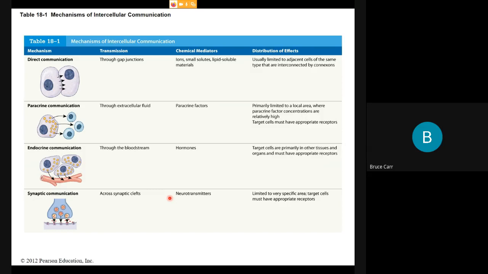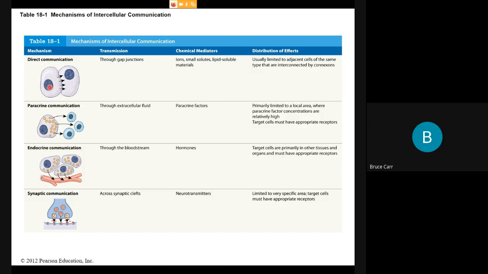It's electrochemical. The speed comes from the electrical signal moving through these very long cells. So that's very quick. But there's that gap, the synapse, and it's the neurotransmitter that basically allows the passage of that electrical impulse from this cell down to this one. So we've already covered the bottom row. There are three kinds of chemical communication that are basically divided on the extent of their effect.